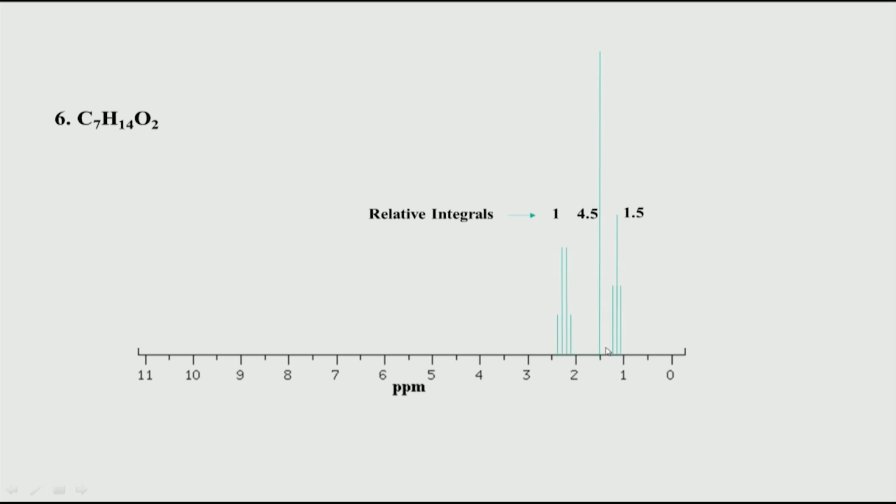Because there is a singlet, these are 3 CH3s which are isolated, not coupled to any hydrogen. So, what comes to our mind which will satisfy this condition? It could be a C which is attached to 3 methyls, and therefore none of these methyls are coupled to any protons.